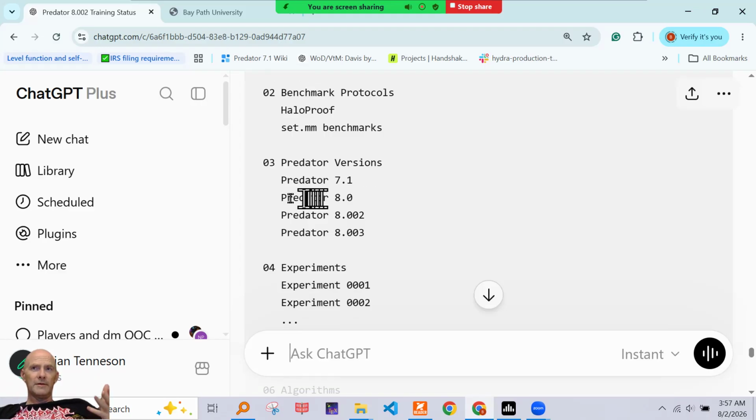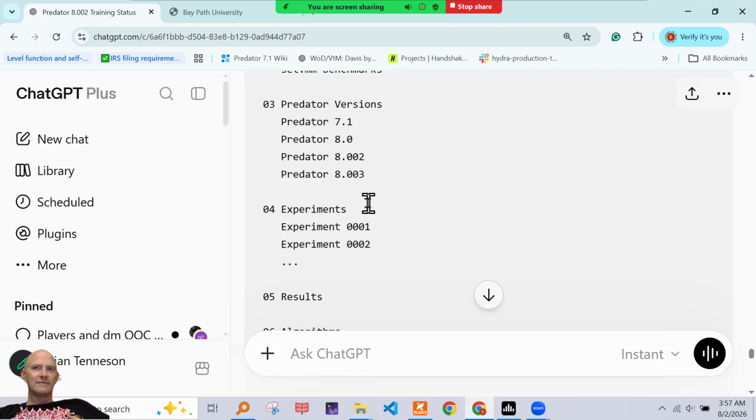I don't remember there being an 8.0. Where was 8.0? Is it hallucinating? Experiments. So it's making space for experiments.